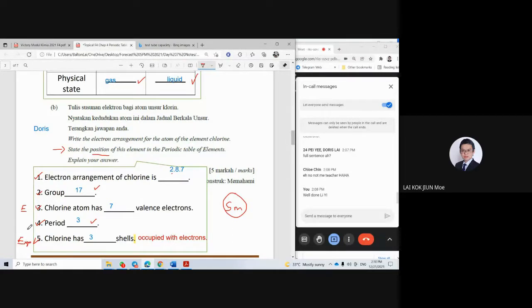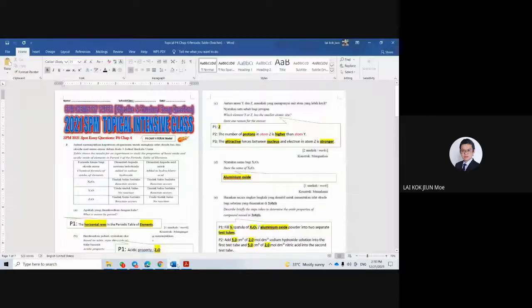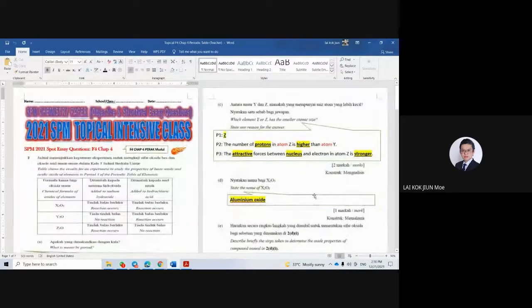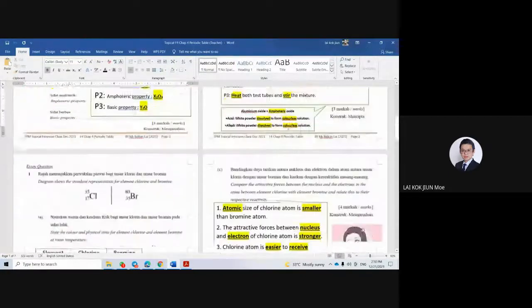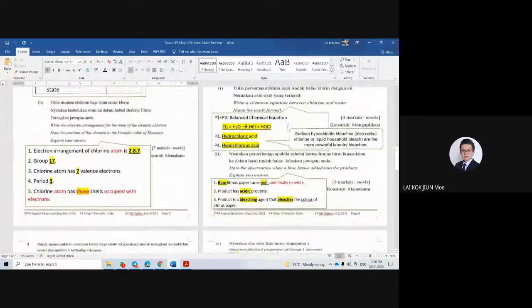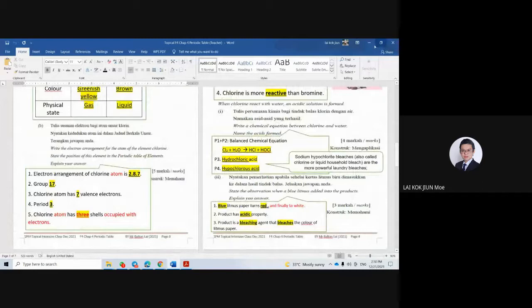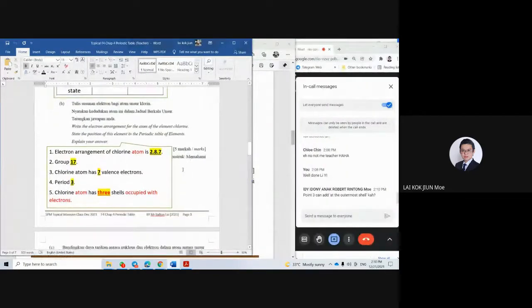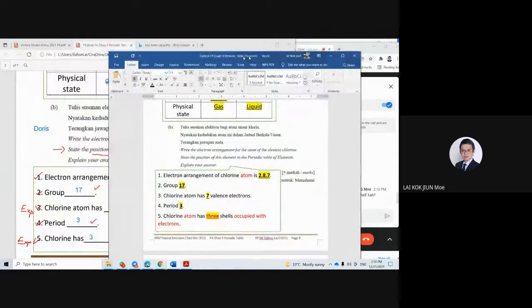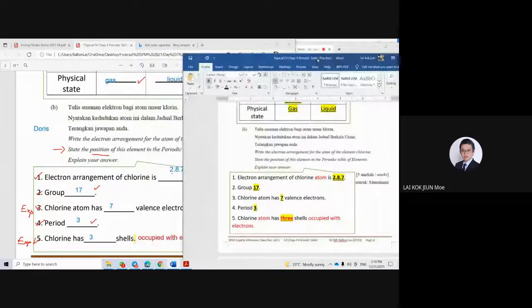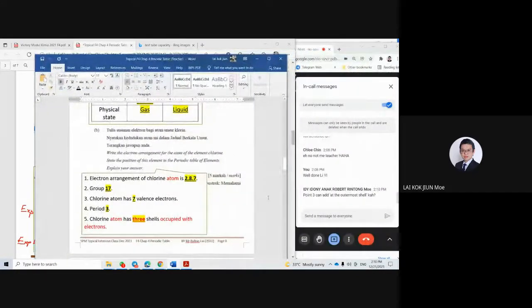Okay, no problem. Just be careful. Okay, you see my answer here. Okay, actually here also got mistake. 0.3 you need to add outermost. ID no need.